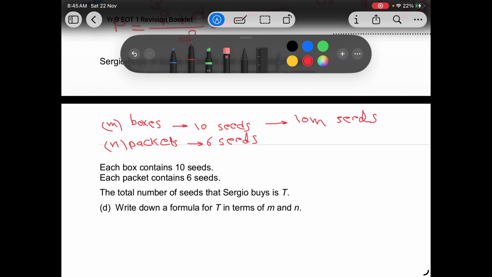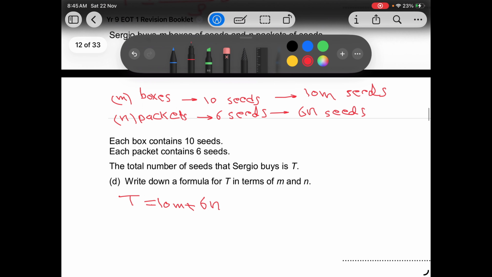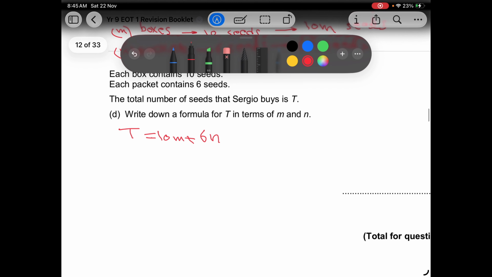And for buckets the same, it will be 6n seeds. So the total obviously will be the addition of these two, which is 10m plus 6n. So here we write down the formula for T in terms of m and n, and that's it for this part.